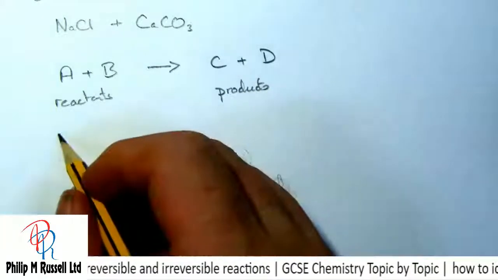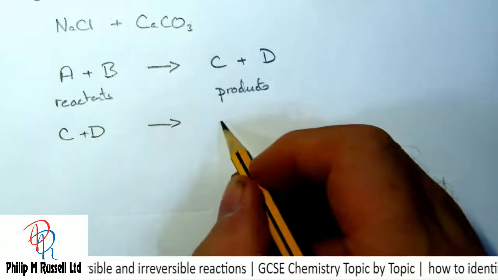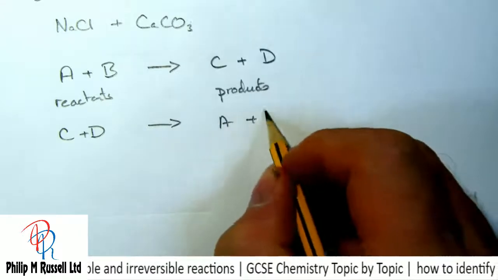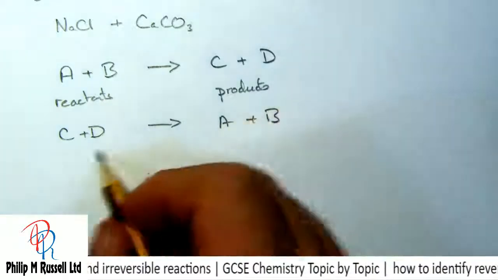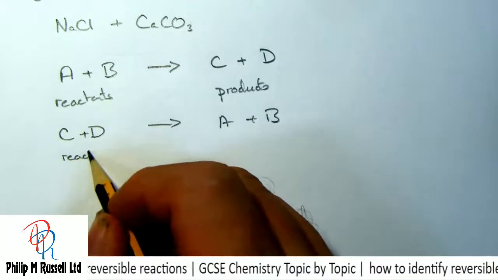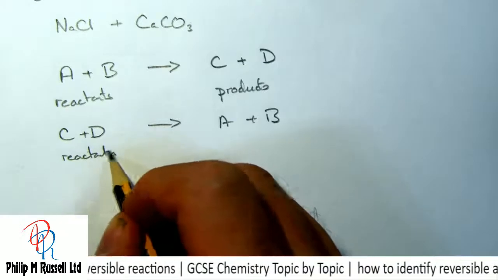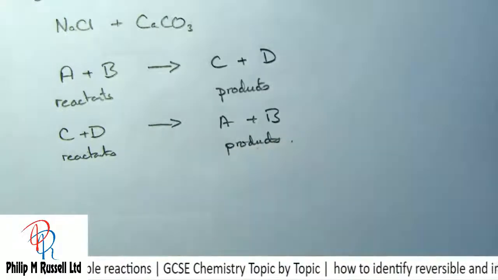But he also found that if you took C and D and you did something to it, you could make A and B. So these products became the reactants, and the reactants could become the products.